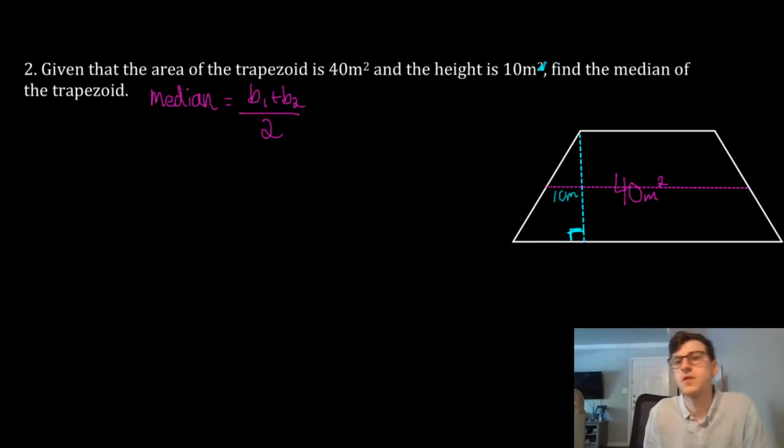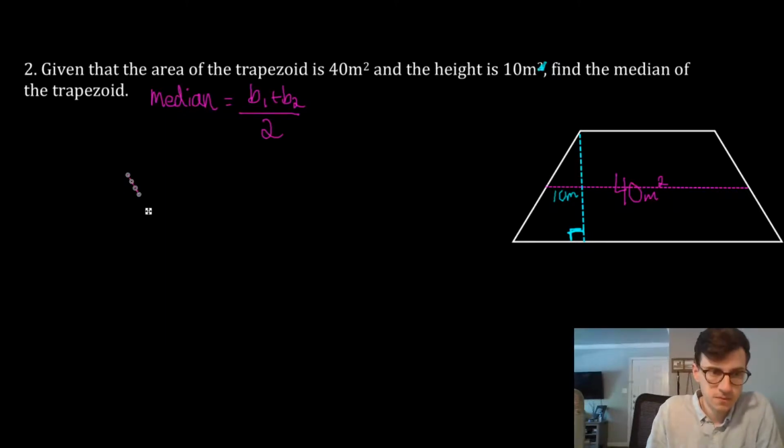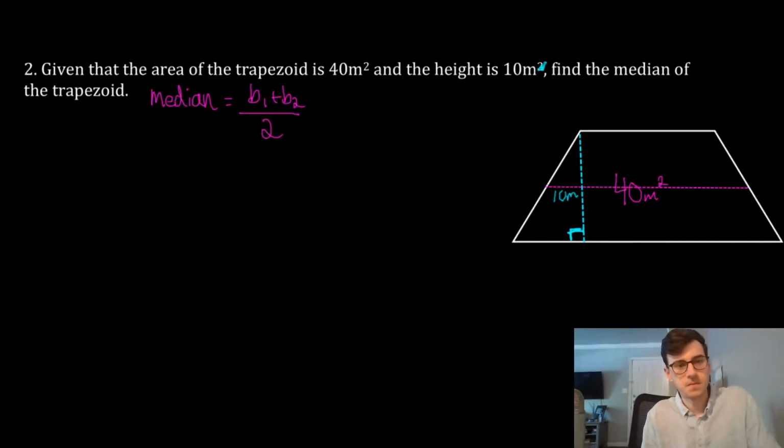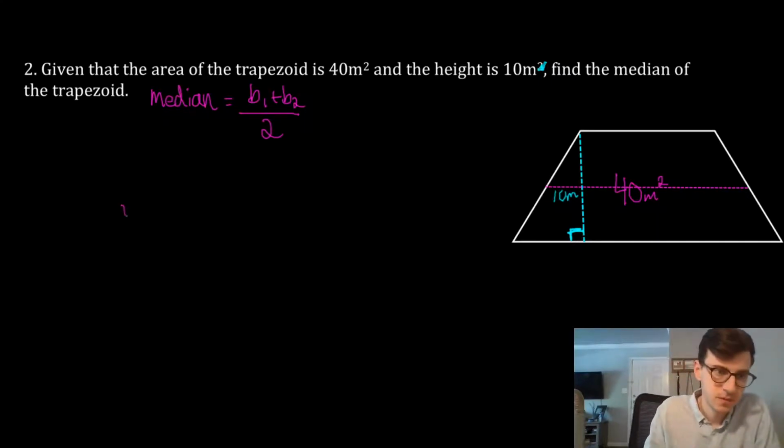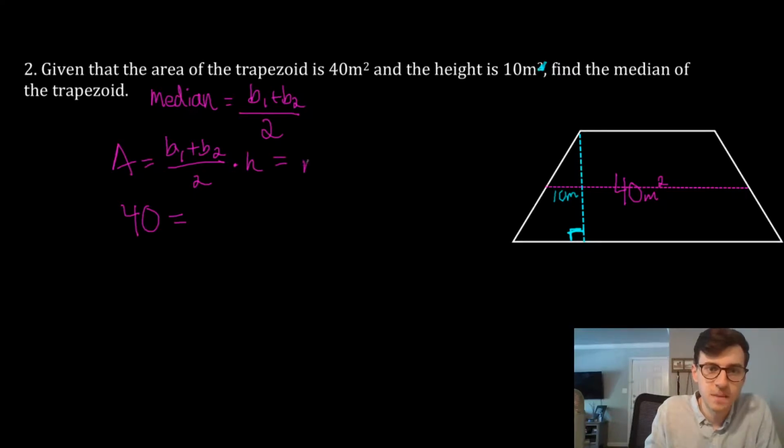Close enough. That's the median. And that's what we're looking for. So the area is 40. Well, okay, so the area of a trapezoid, remember, base 1 plus base 2 over 2 times the height. Or we could say it's the median times the height.